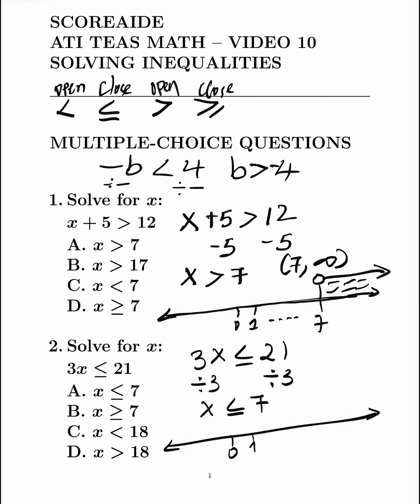From 1 up to 7, you see this point is closed because 7 is included, so we represent it with a closed dot. It is heading toward negative infinity, so all those numbers from 7 toward negative infinity satisfy the inequality. And in set form, it will be closed at 7 and heading toward negative infinity.